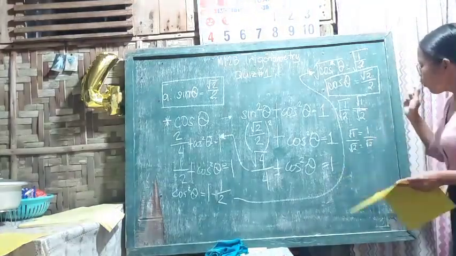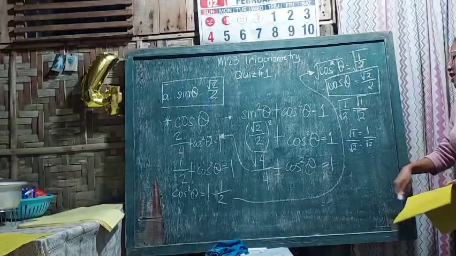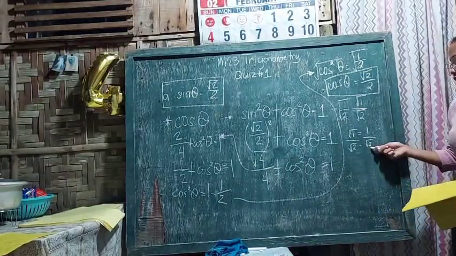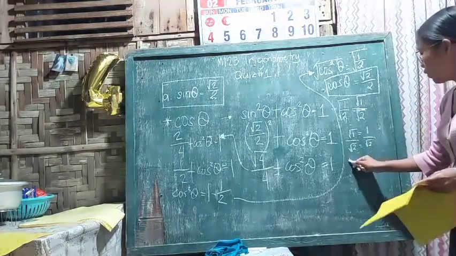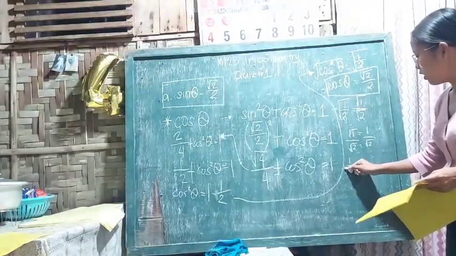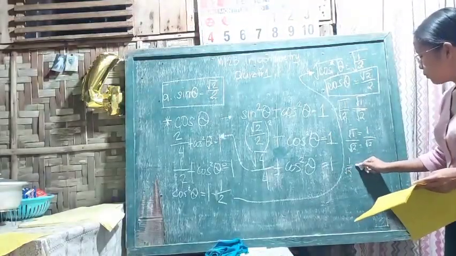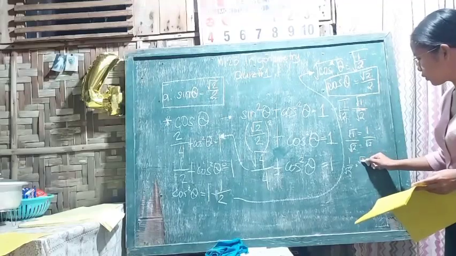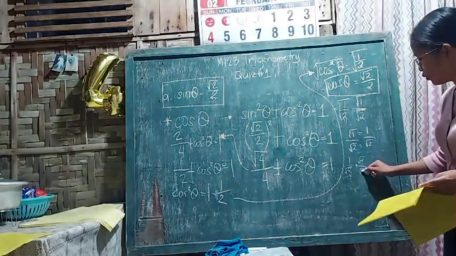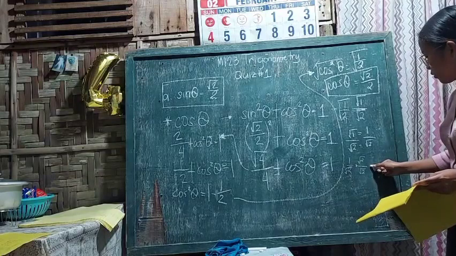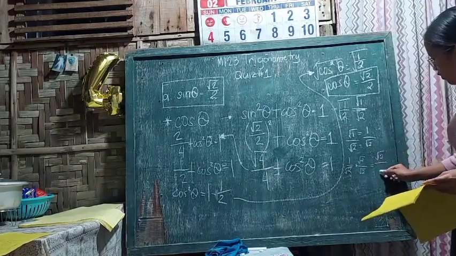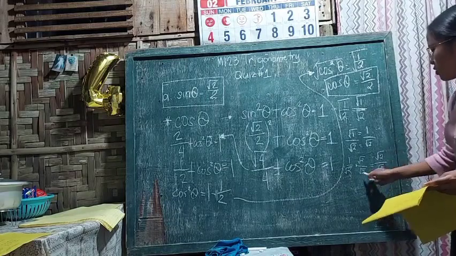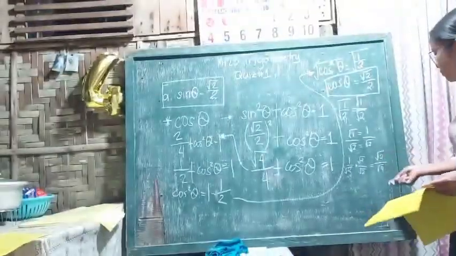Now, since we can't have a radical for a denominator, we are going to rationalize it. So 1 over square root of 2 multiplied by square root of 2 over square root of 2 becomes square root of 2 over square root of 4. 2 times 2 is equal to 4.